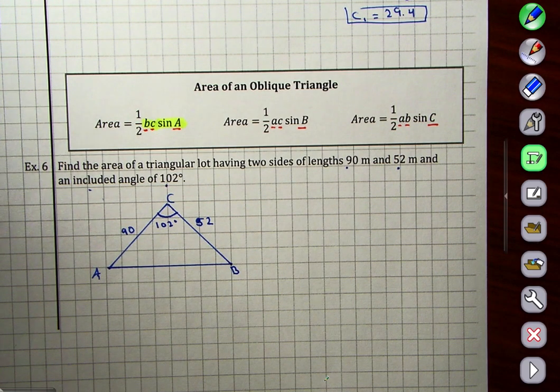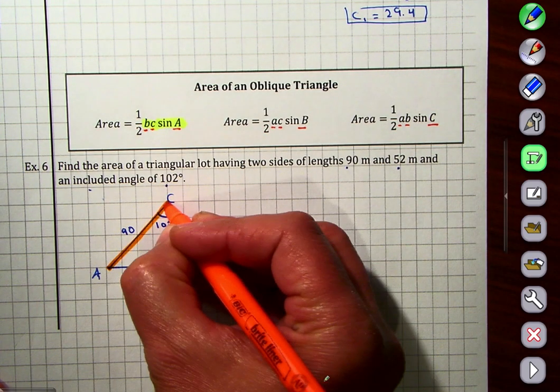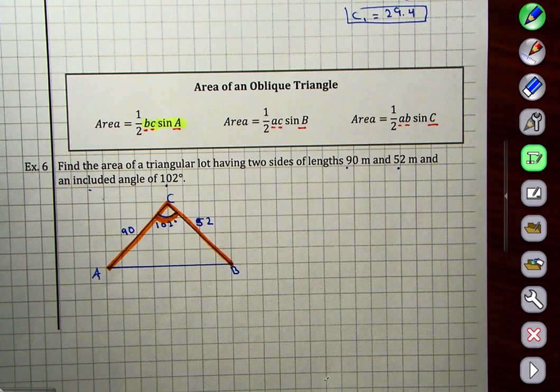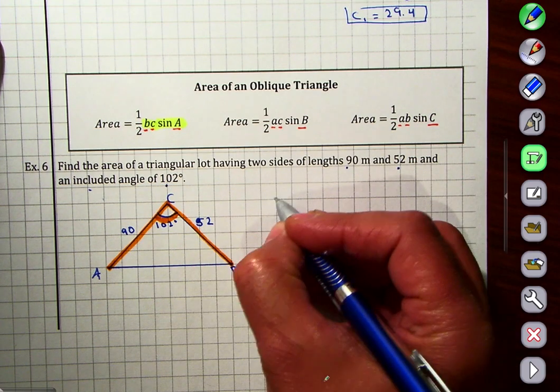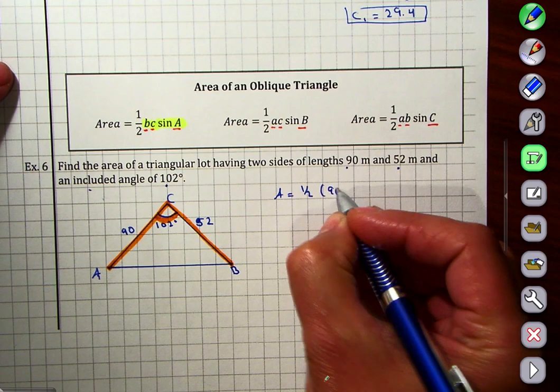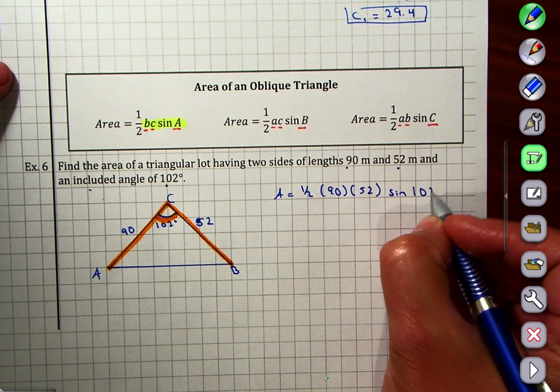Now, in order to use these formulas, you need to have two sides and the angle in between. If I can visualize that, I know it's going to be 1/2 times 90 times 52 times the sine of the angle between, which is 102.